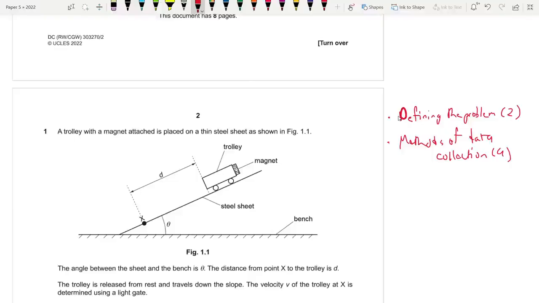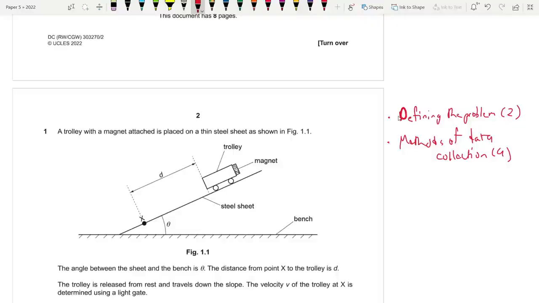So if you draw a proper diagram, you're going to score 1 mark here. And the other 3 marks are typically how you're going to measure or calculate the independent and dependent variables. And usually there's 1 more mark for giving some extra information about how you're going to carry out this experiment to reduce errors.